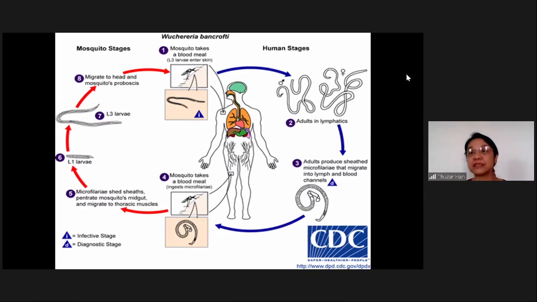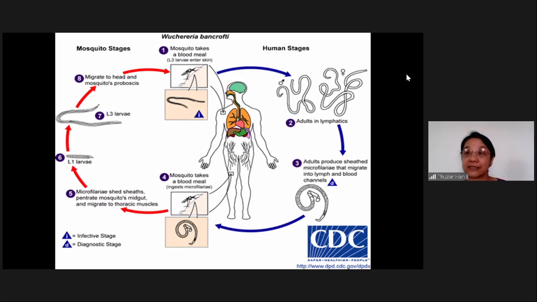They live mainly in the inguinal lymph nodes. Because of separate sexes, the male fertilizes the female, and the gravid female produces larvae. So that's why they are viviparous.